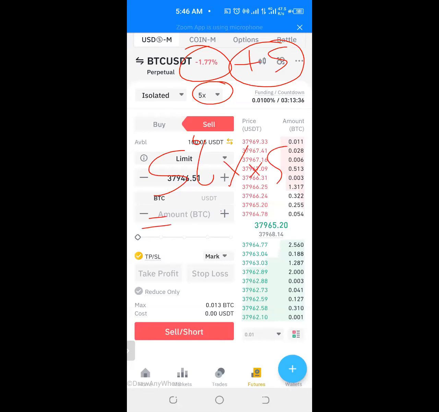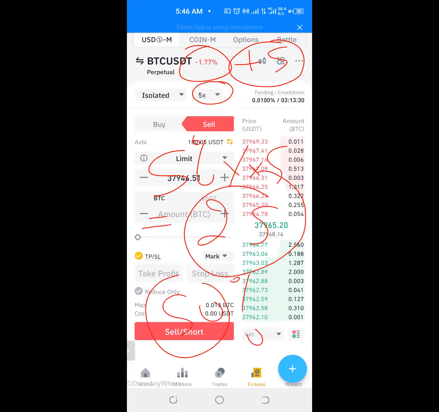So I'll be earning 25% reward based on the capital I used to speculate on the price of Bitcoin. So if it was $50, I'll earn a 25% reward on the $50.